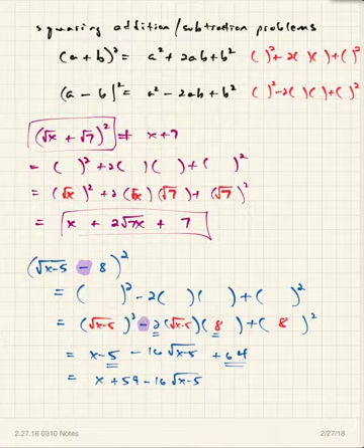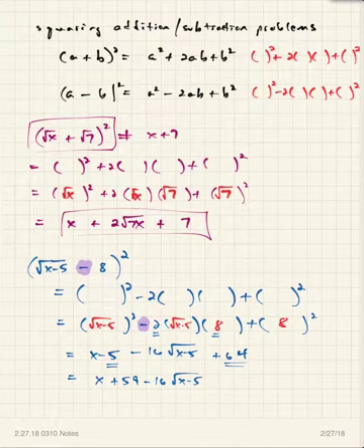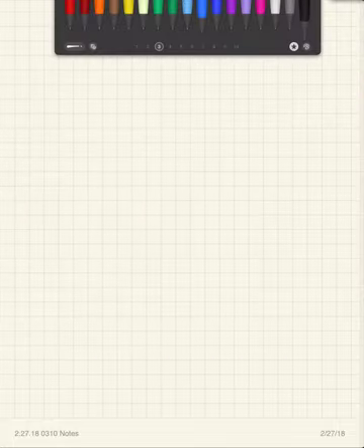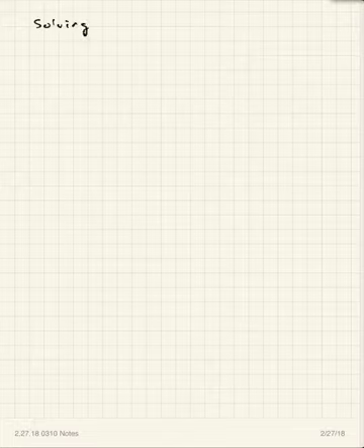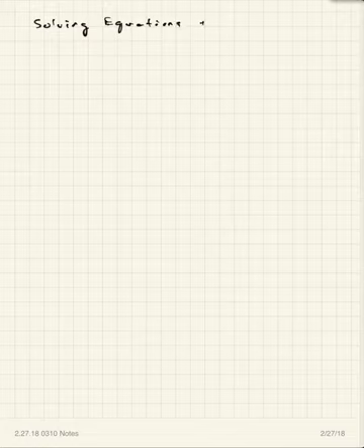All right, so that's just a quick rundown of some multiplication and reviewing some things about multiplication. And you'll see why I did that as we go through problems today. So now this is our main goal for the day: solving equations that contain square root expressions.